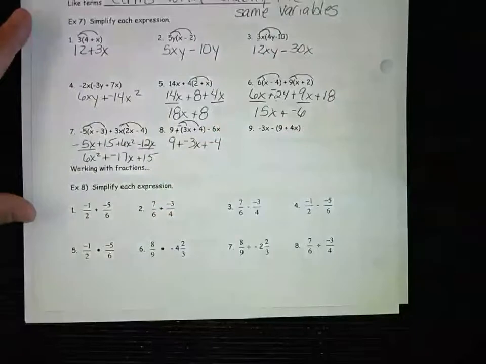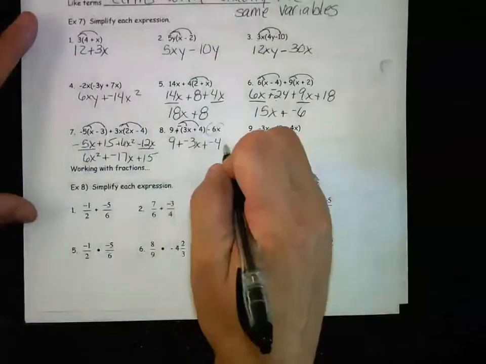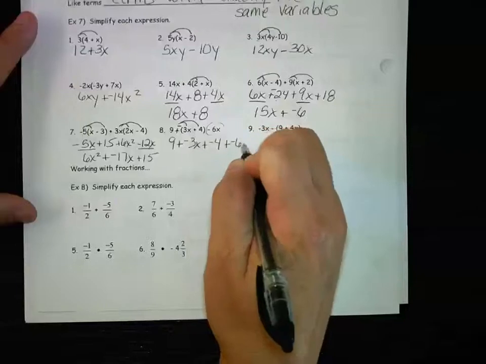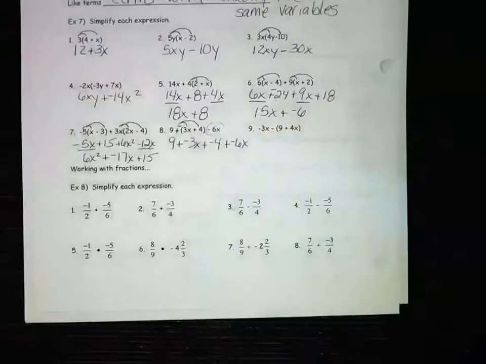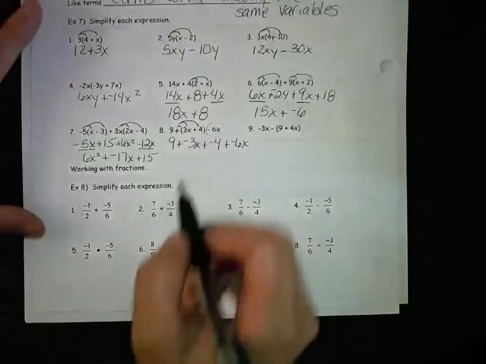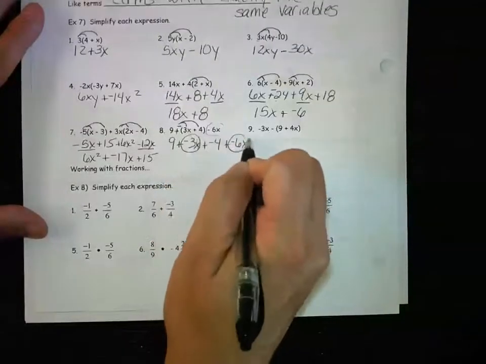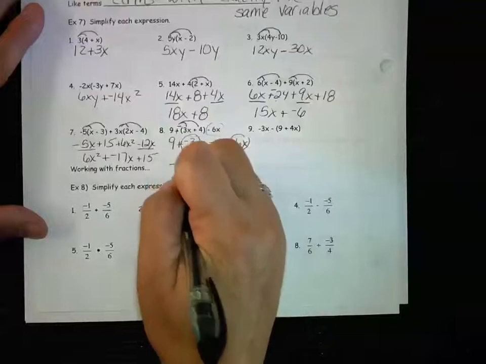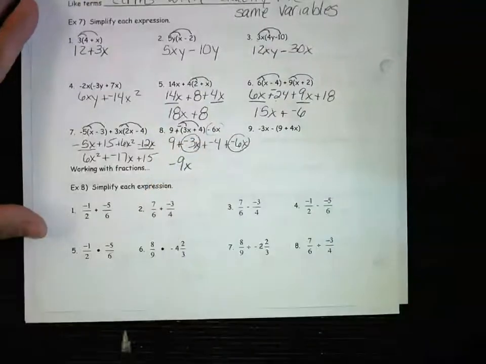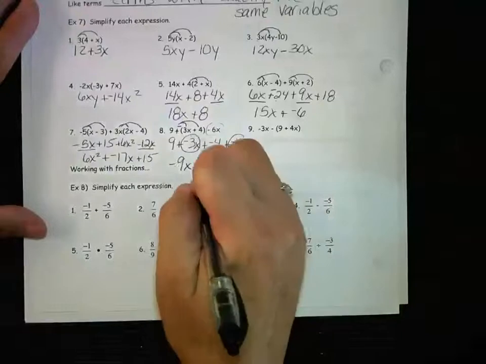We distributed the negative, and then this stays the same, and I'm actually going to change it from subtract to adding a negative. And now we have a negative 3x and a negative 6x, which is a negative 9x. 9 plus negative 4 is 5.